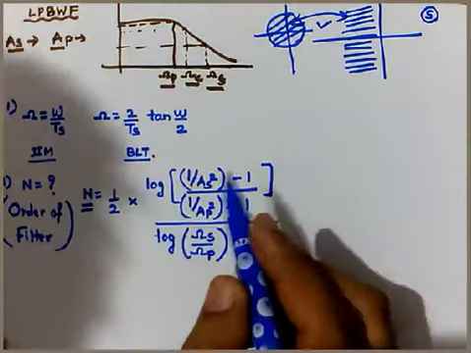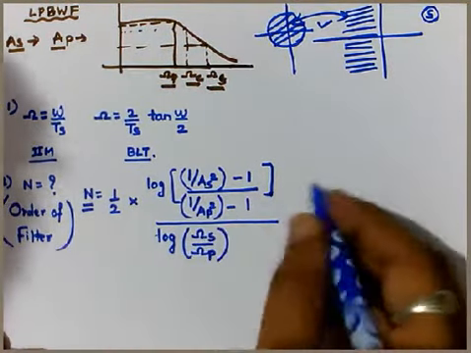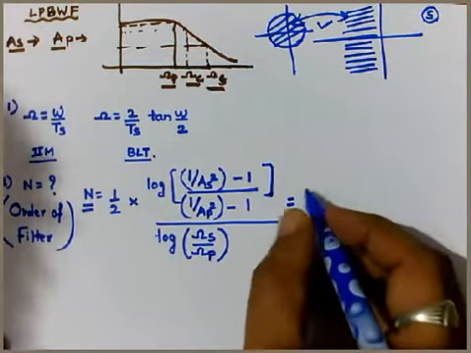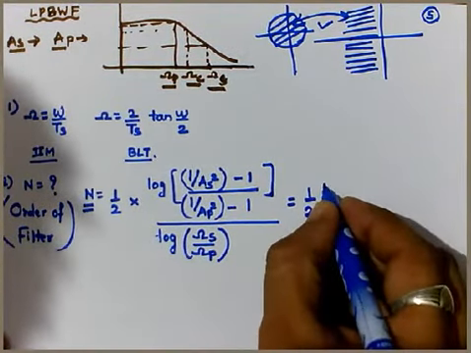But if let's say this AS and AP are given in terms of the dB, that is decibel values, so same order of the filter can be written as 1 by 2.